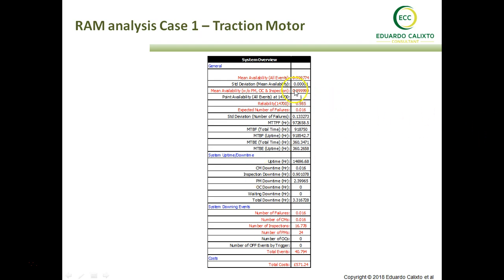And the other way around, if we have a normal PDF and you consider mean time between failure, we need to know about the standard deviation. The standard deviation from the PDF is very important information, because we need to do some preventive maintenance before considering this standard deviation, in order to avoid the risk of having some failure before the inspection.